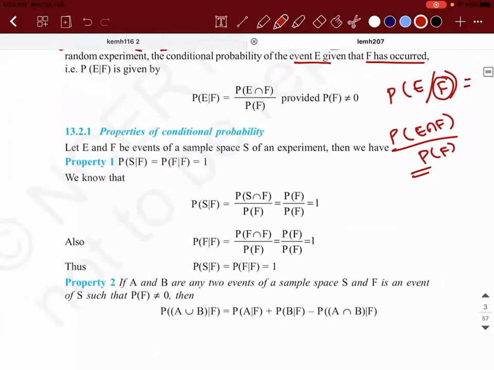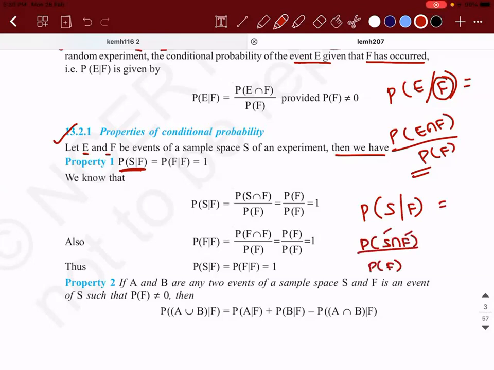So what are the properties of conditional probability? If E and F are events in the sample space of an experiment, then the probability of the sample space given that F has occurred is what? It is equal to the probability of sample space intersection F divided by probability of F. The sample space is the universal set, its intersection with any set is the smaller set, divided by P of F. The answer is going to be 1.